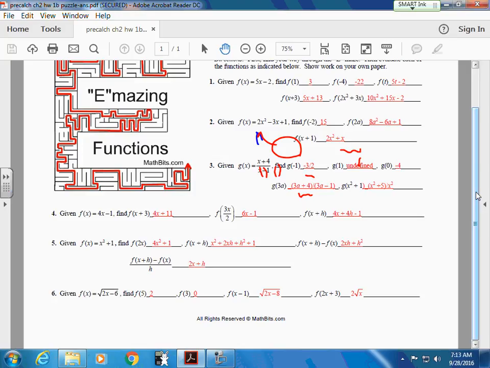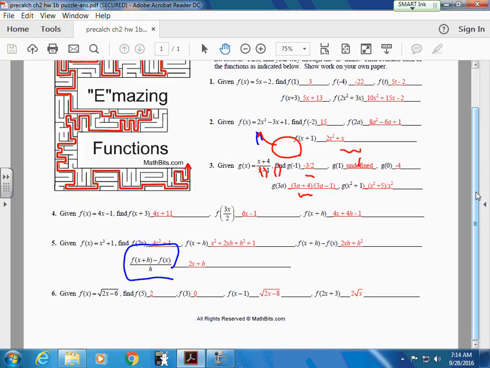This is where your difference quotient starts to build. Here's your difference quotient right here. Did you have the work? Okay, take a minute to look it over. Ask me any questions, because this is really a good worksheet to develop this.